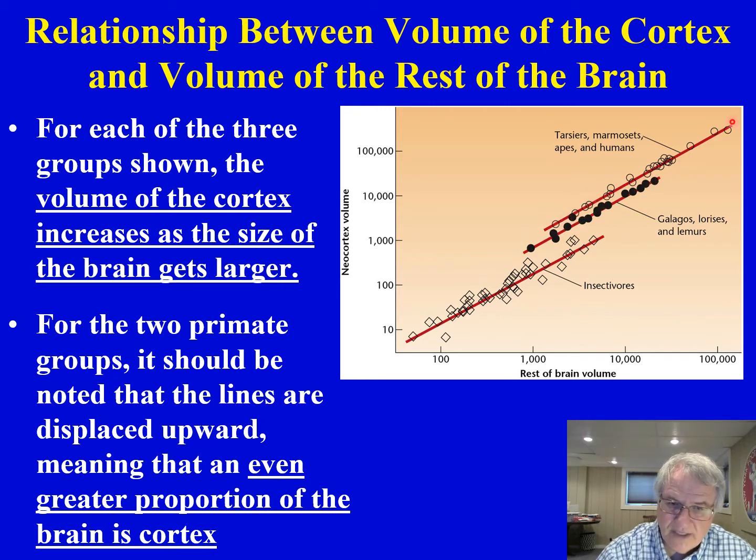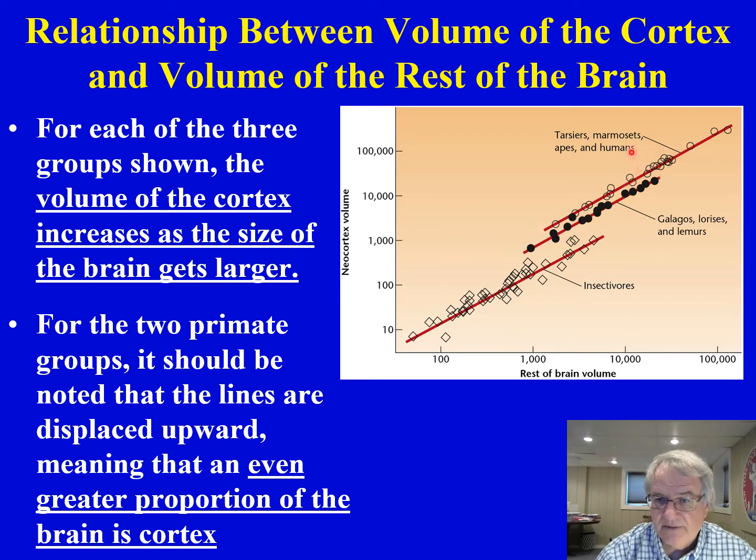This upward deflection means that more of the brain is being devoted to cortex. That is, a greater proportion of the brain is cortex as you go up the so-called phylogenetic tree.